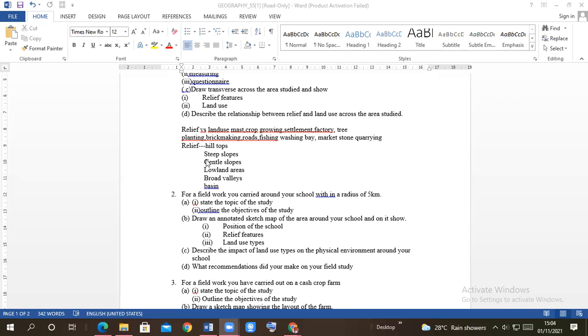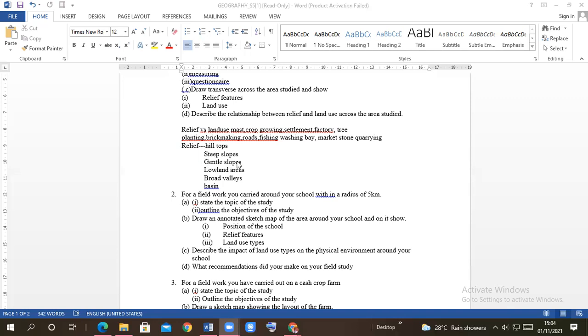Now, many students have more points on gentle slopes. On such a question, they are going to say the gentle slopes favored transport. The gentle slopes favored brick making. The gentle slopes favored crop growing. The gentle slopes favored stone quarry. So they will concentrate more on this one, which is juicy.